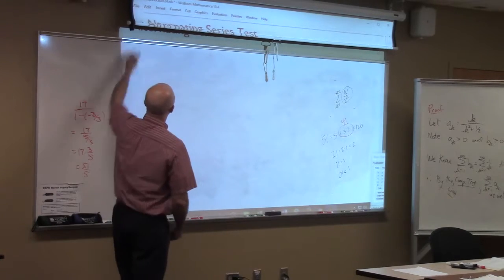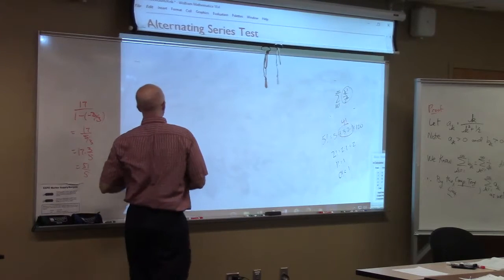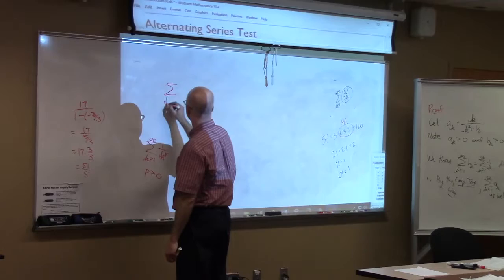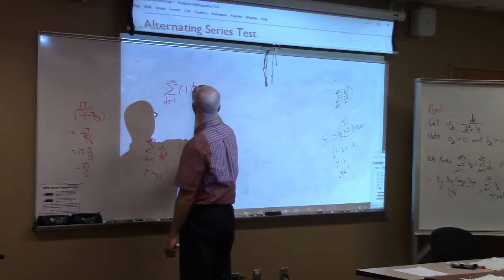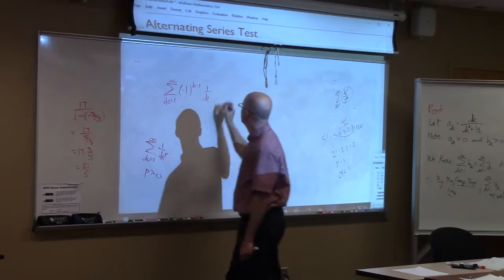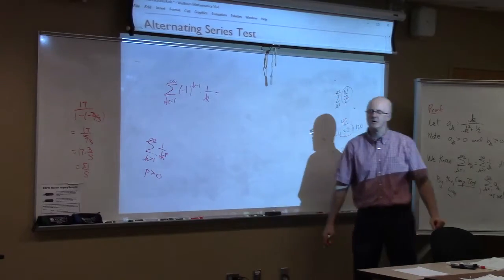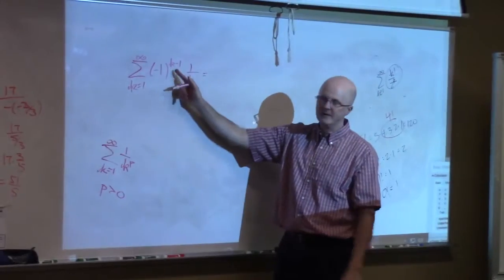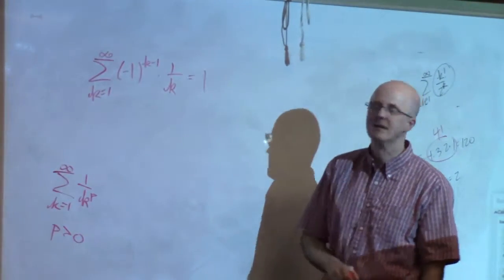What is this alternating series test now? Let's think about it in the context of an example. And the example I'm going to write down is a famous one. There are famous examples in math, this being one of them. If you write this out without a summation symbol, when k is 1, you get a 0th power here. Negative 1 to the 0 is positive 1 times 1 is 1.